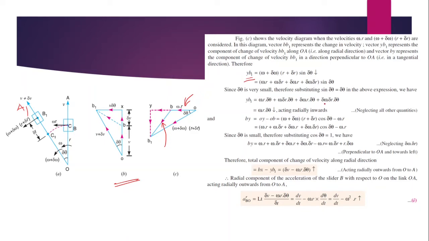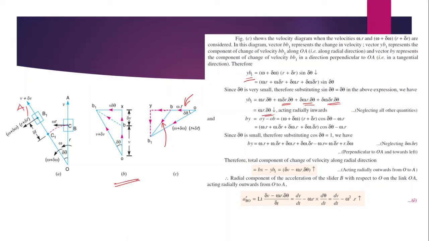Then we can neglect this term, again this term and this term, because delta theta already has a small value, and that multiplied by another small value, delta r, will become very small. Then we can ignore these three values. Then YB1 is equal to omega r delta theta.